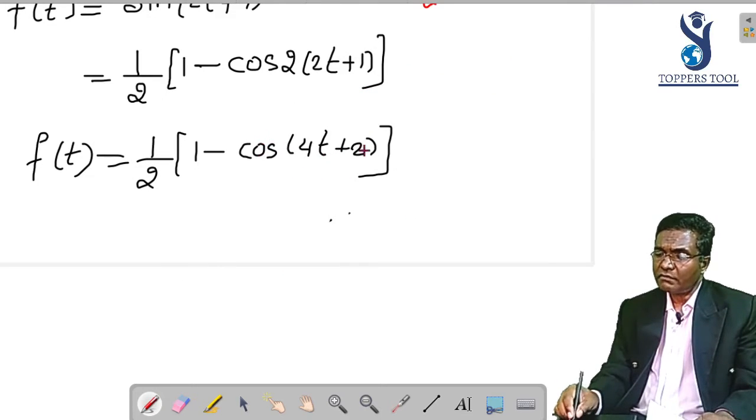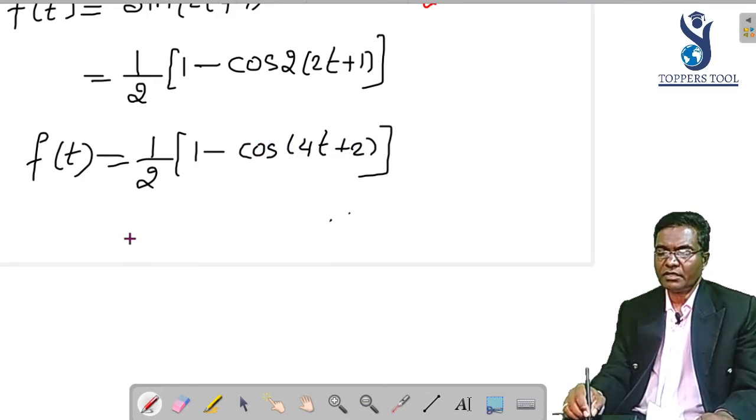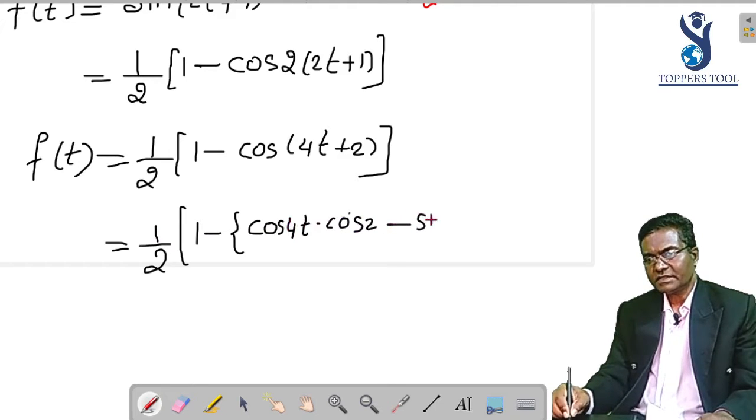Now you need to convert this into cos A cos B minus sin A sin B form, because we know Laplace of cos at.